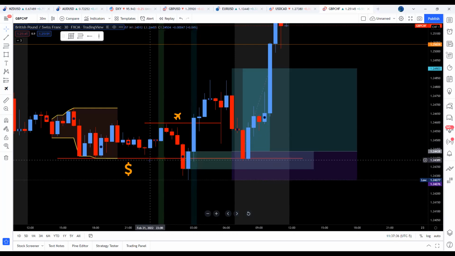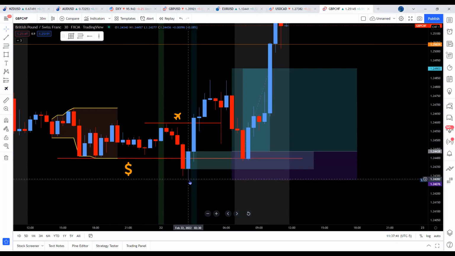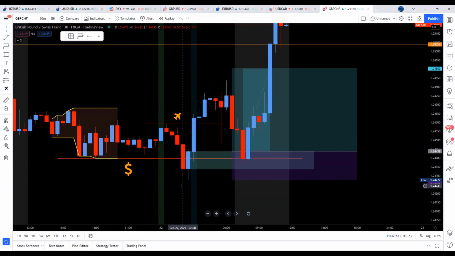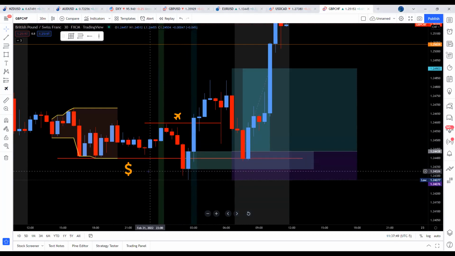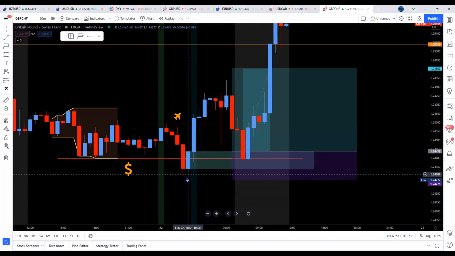No, it's because of what happened beforehand. So this liquidity sweep, it doesn't matter how much of a wick there is. There could be a wick all the way down here, and that'd still be an order block because it caused the liquidity sweep. So this wick is just price extending to catch as many orders as it can.